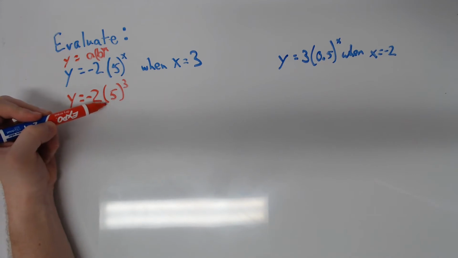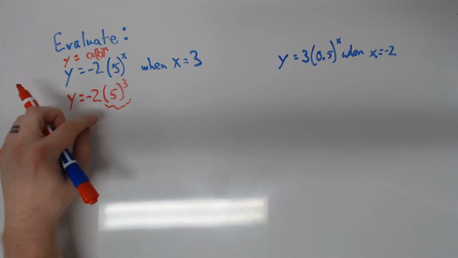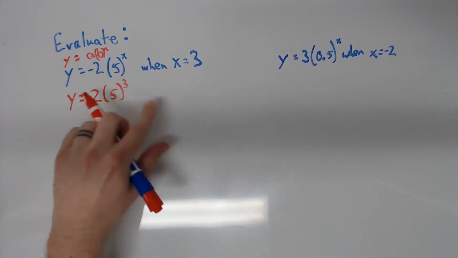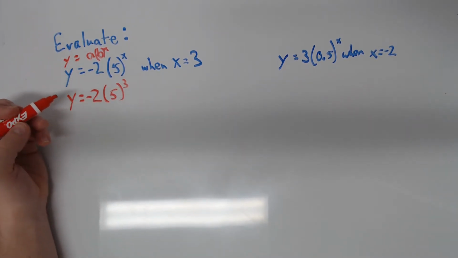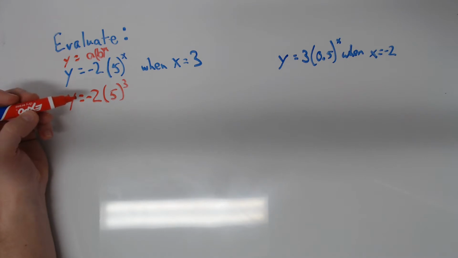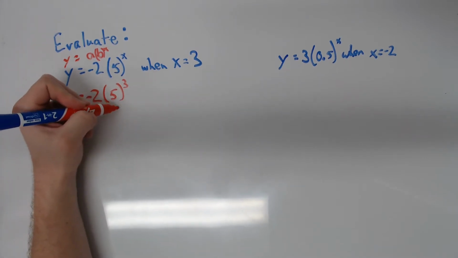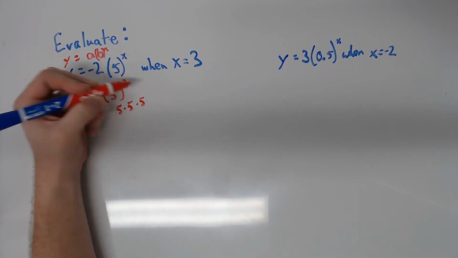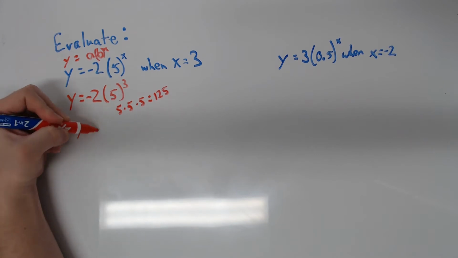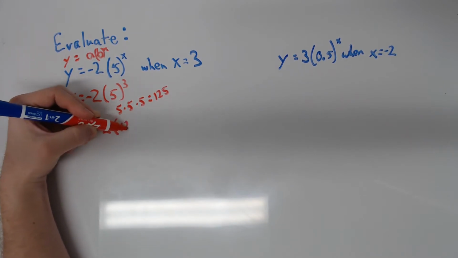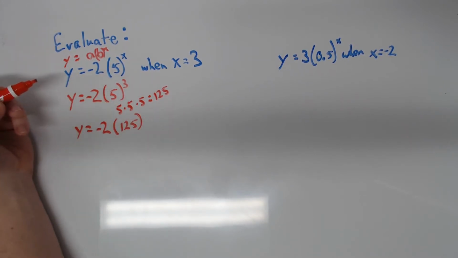Now order of operations says I have to do this first. Exponents before multiplying. Getting negative 10, then doing the exponent is wrong and will get you a much bigger number than you want for this problem. So I would do 5 times 5 times 5 first, which is 125. Now I multiply.